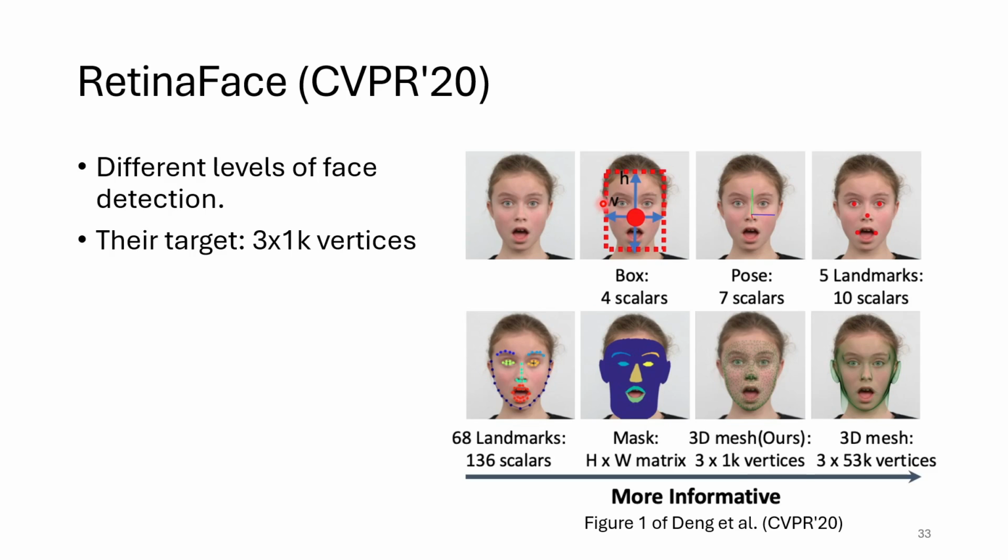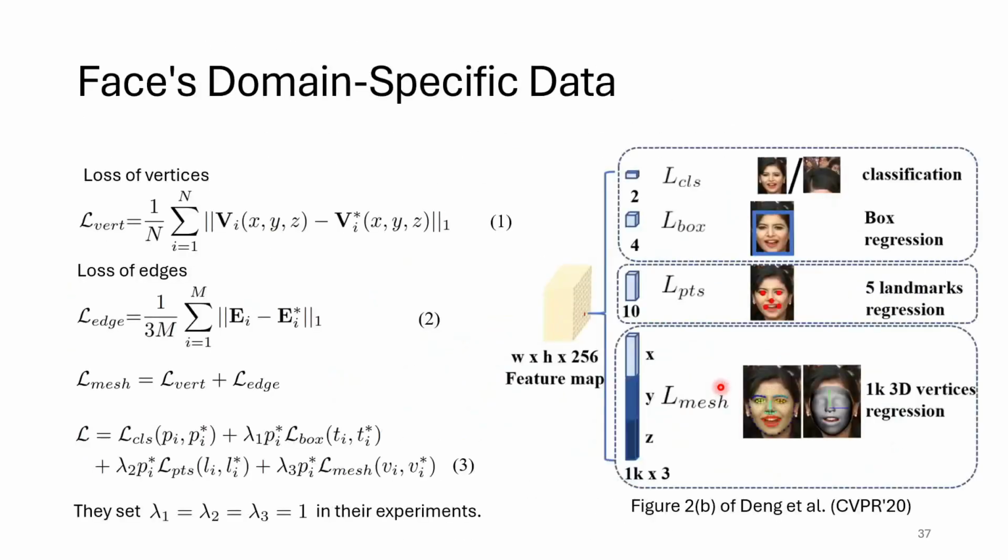But if you want to detect the face, you have more feature properties to explore. For example, because it is a face, we can create the 3D mesh to match the faces. So this is the idea. They detect not only the bounding box, but also the fine landmark localization, and further the 1K 3D meshes.